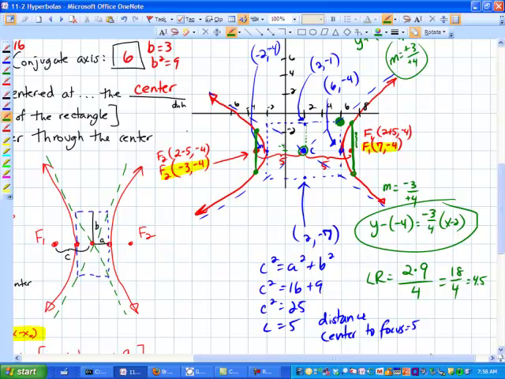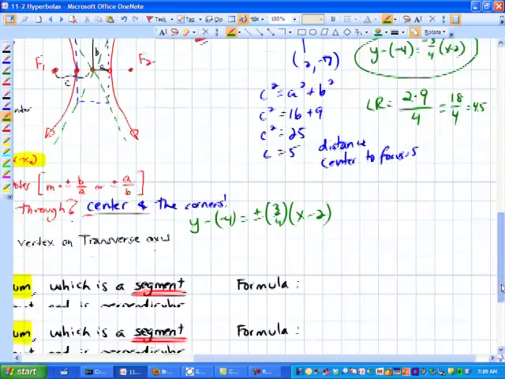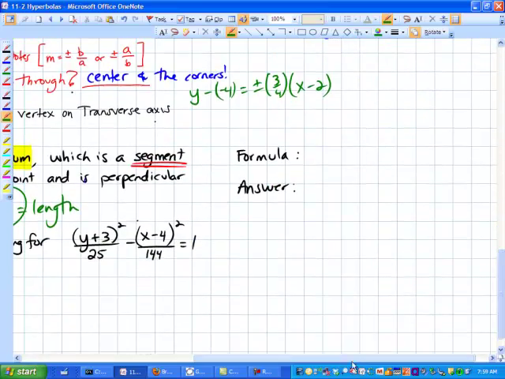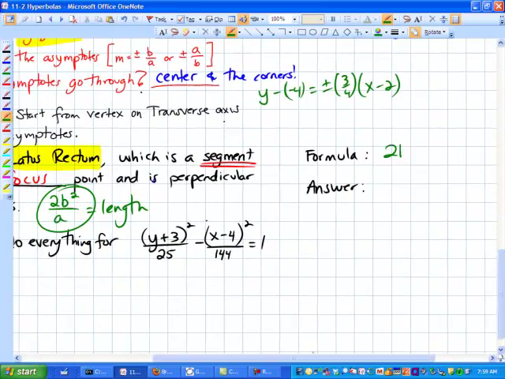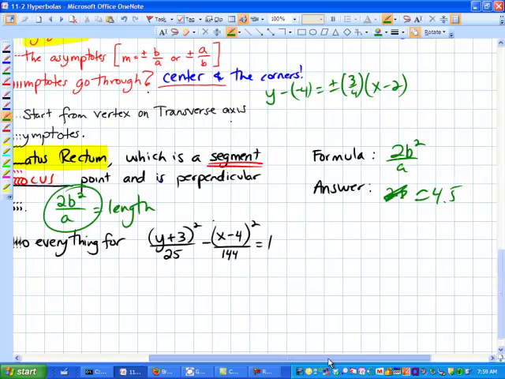Right here is 2, and right here is 2. And this must just be a quarter and a quarter. So I could actually find that point if I really wanted to, but I don't really want to. Okay, so for right now, the formula is 2b squared over a, and the answer was 4.5. You saw that already.